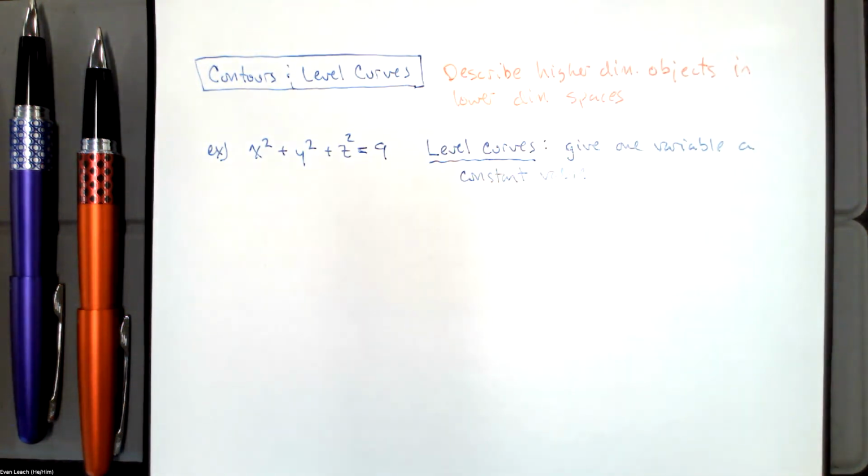So for a level curve, we're going to look at one variable and give it a constant value. This will result in a relation between two variables.